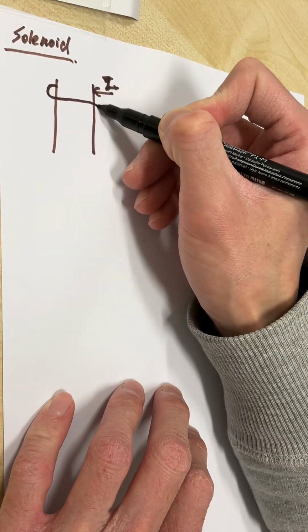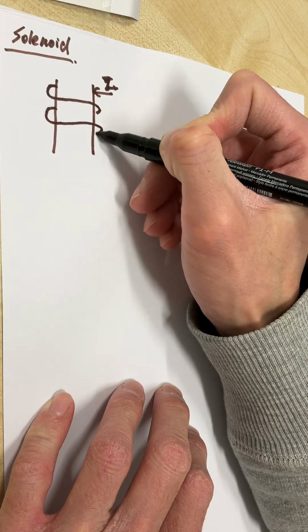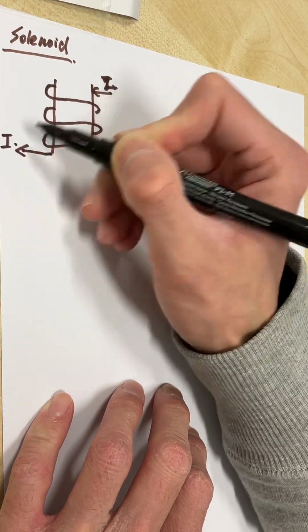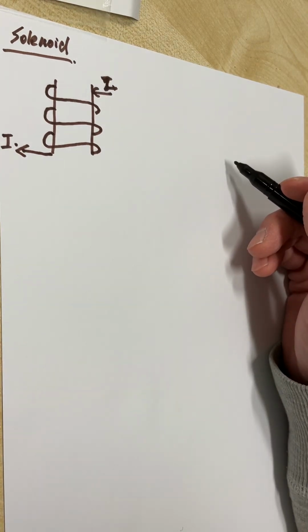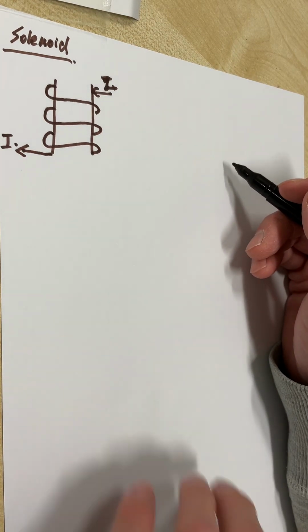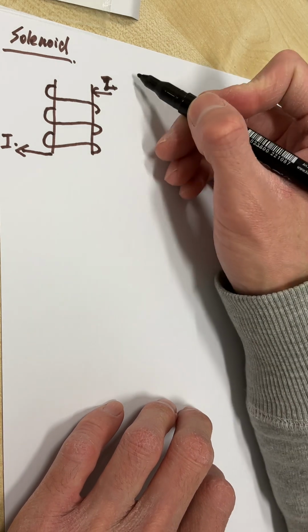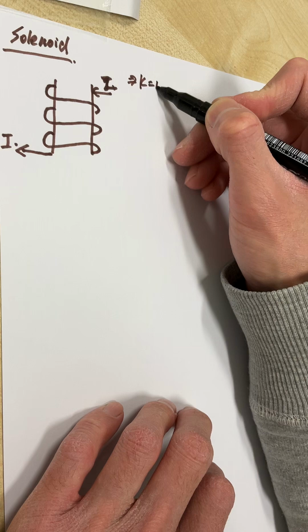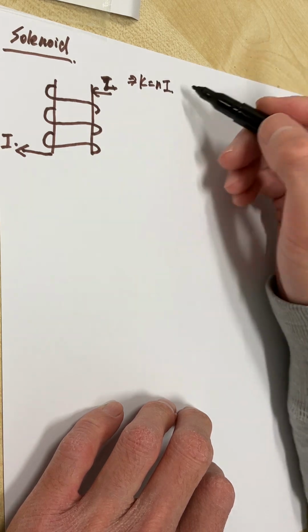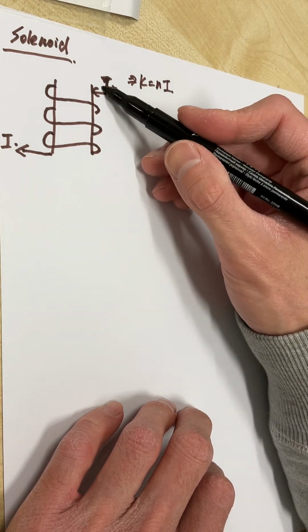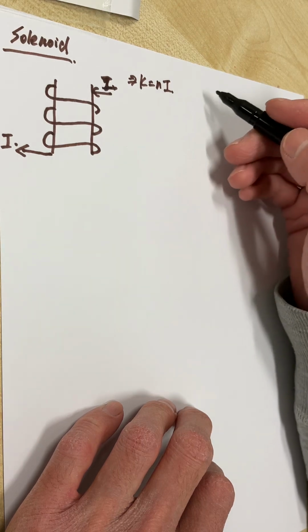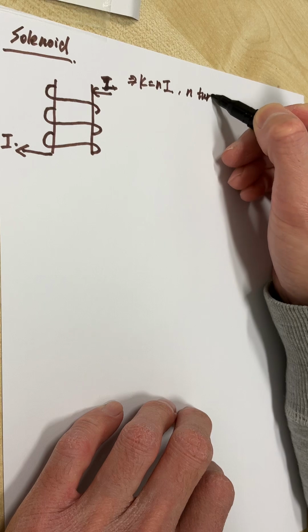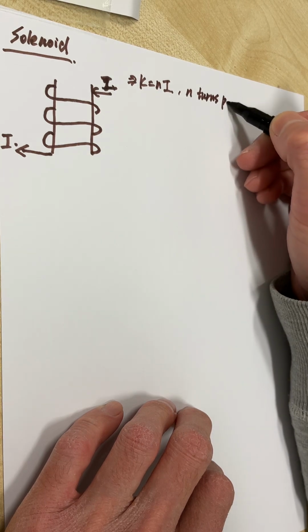For parameters, we should have a surface current, where I is the current flowing on the wire, and N is the number of turns per unit length.